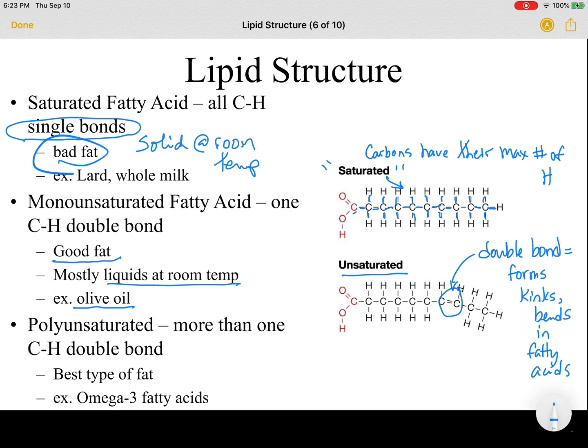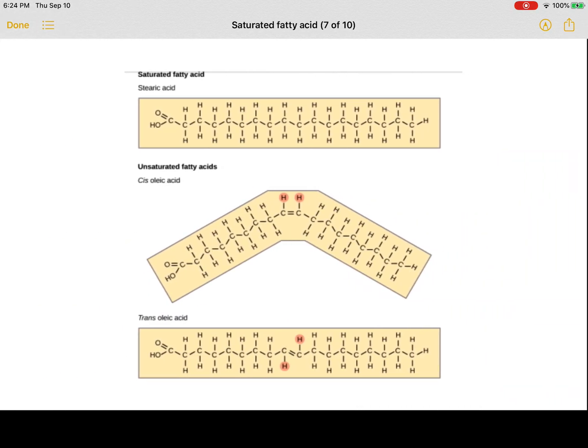So example, there's olive oil and other plant oils, canola oil, grapeseed oil, sunflower oil, all those oils. Polyunsaturated is really the best kind. And it's because it has, and these are also omega-6. These have more double bonds, which kink them up even more. So let's look at a picture of that.